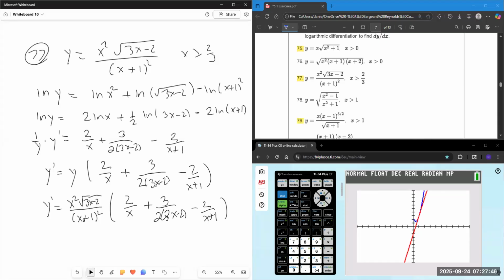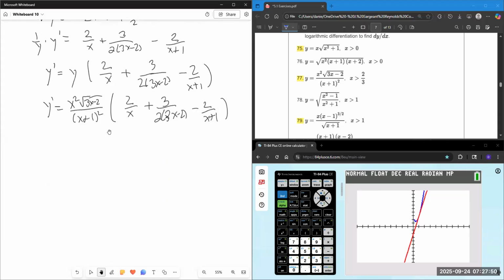Okay, so now let's see if I can simplify this a little bit. y prime is, and one of the x's in the numerator in the first term will go away with the x in the denominator. And then we'll have square root down here.